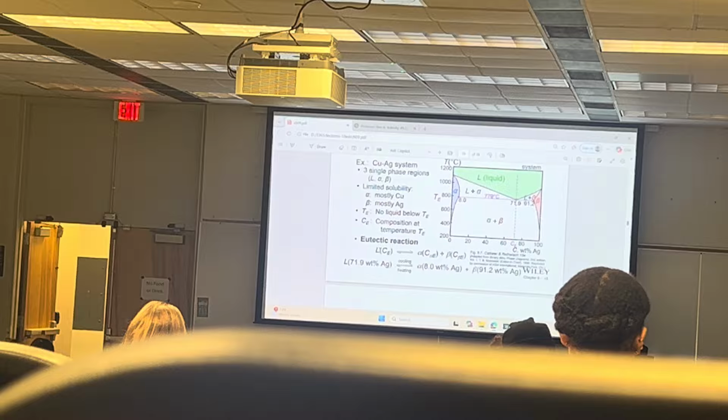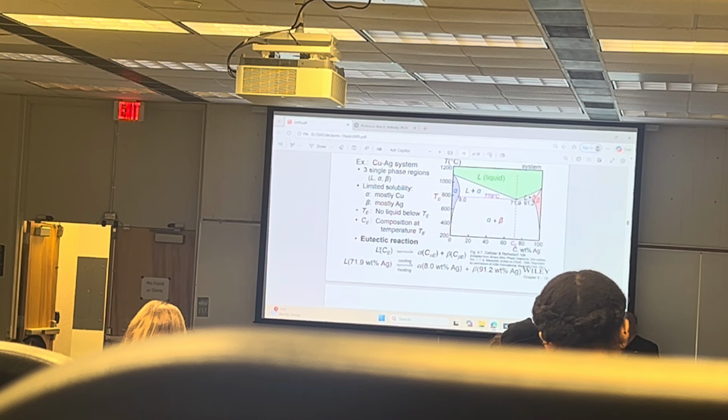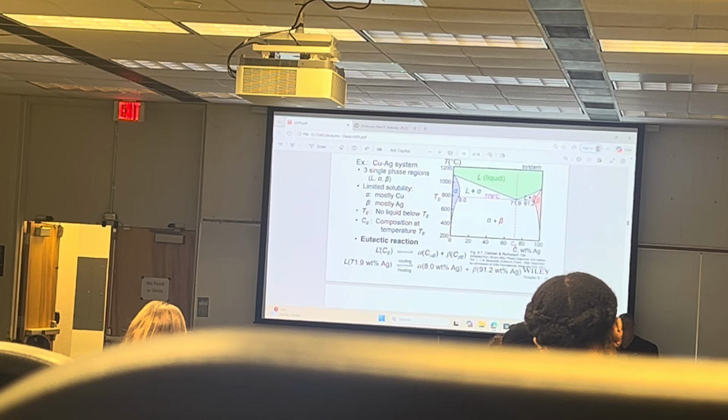So we can write the eutectic reaction. All of those reactions are invariant reactions. What's an invariant reaction? You see those lines, pointers, arrows? They go both ways. So this reaction happens upon heating and upon cooling.